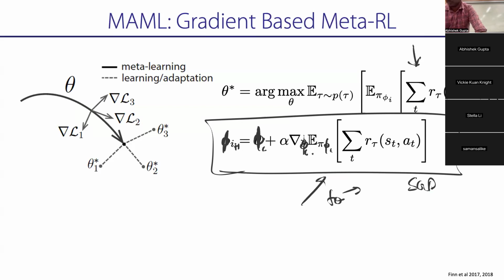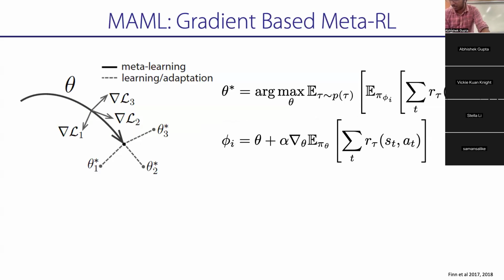Okay? The question is, if I did SGD in my inner loop, there are no parameters. You could do some hyperparameters like Rico was talking about, but what would you learn? What are the parameters of your meta update? It's just SGD. You can learn alpha if you want, but that's about it. So my question for you is, if my inner loop was just SGD, let me write this up cleanly.